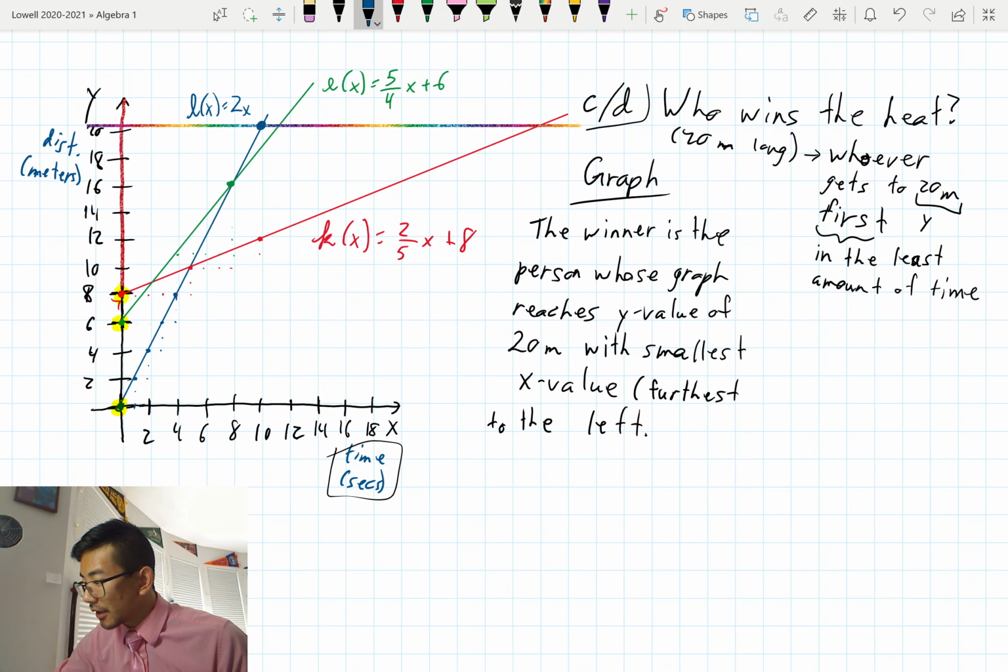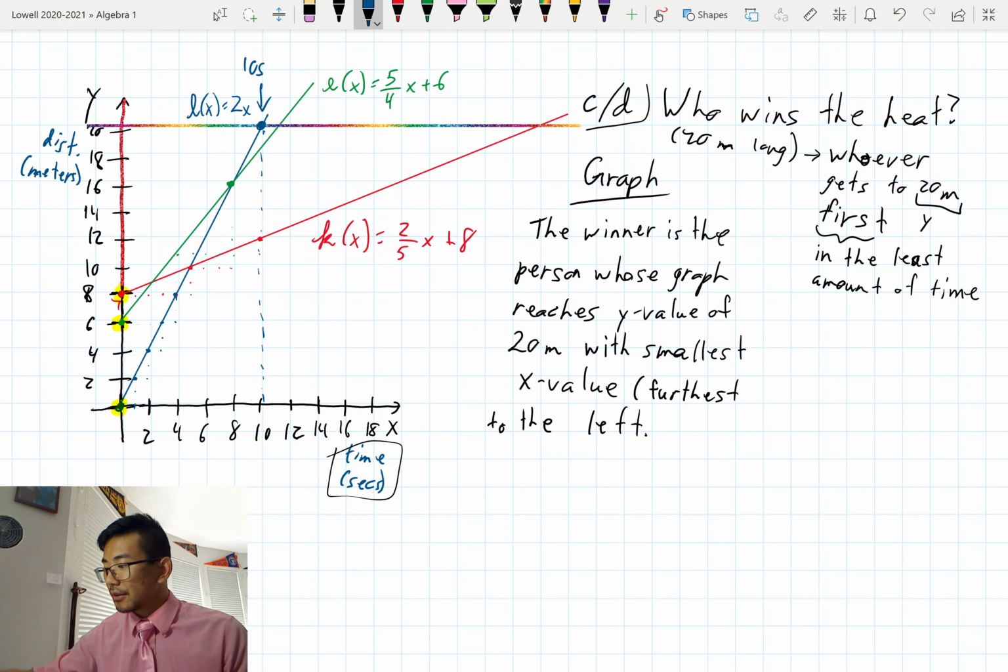Leslie finishes right here. If I draw straight down, it looks like about 10 seconds for Leslie. For Evie, right here in green, it looks a little bit slower, maybe at 11 seconds. And for Kristen, way out here, assuming I drew it correctly, 1, 2, 3, 4, 5, 6, so maybe about 24 seconds.